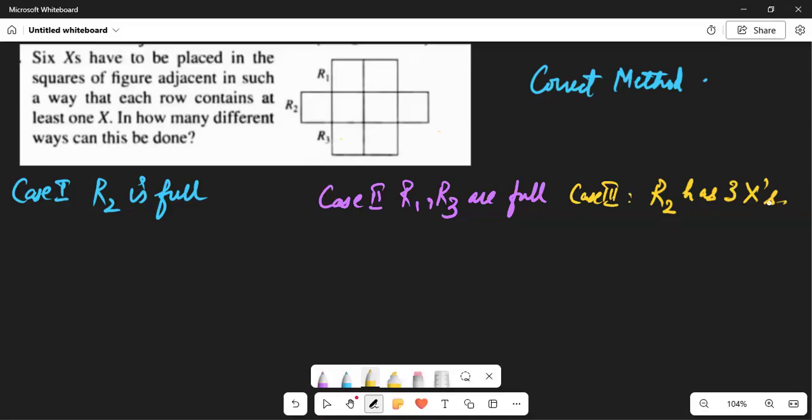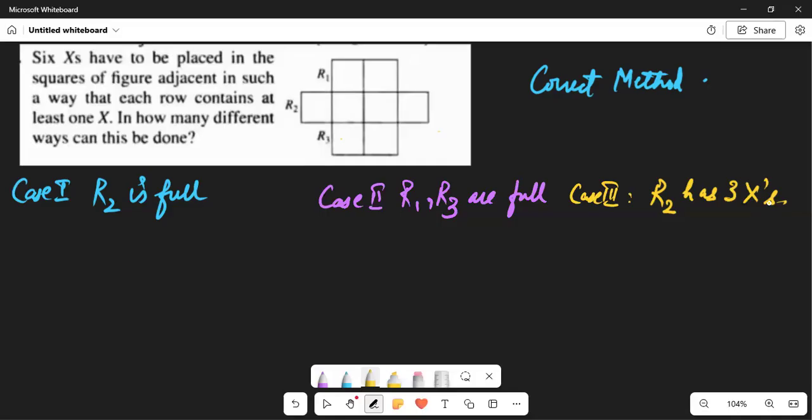And case 3 is that R2 has 3 x's and the rest 3 will be filled in R1 and R3. But can there be any other case?